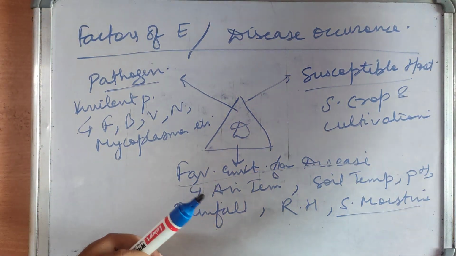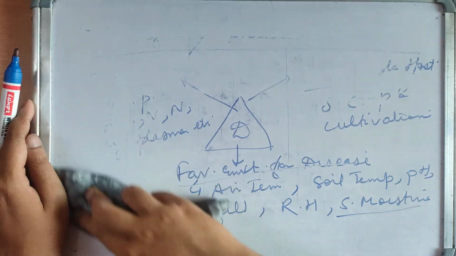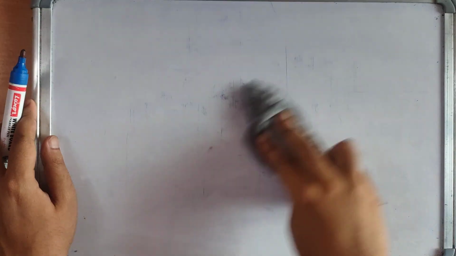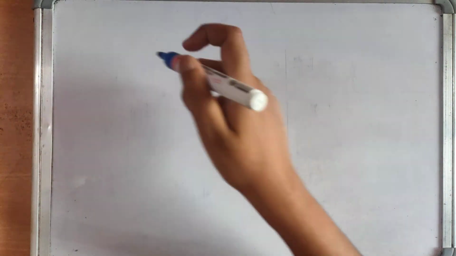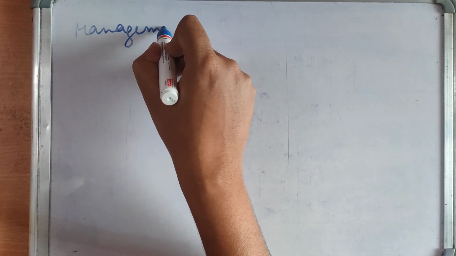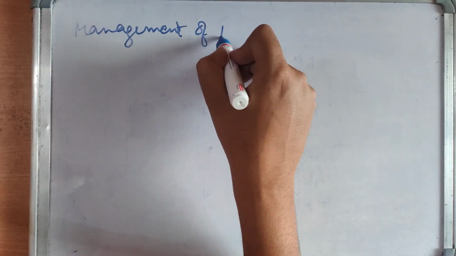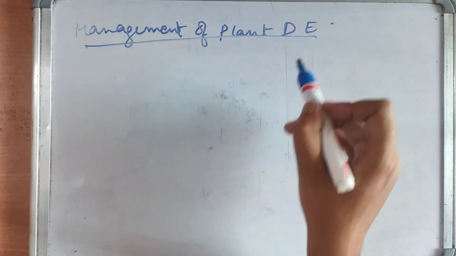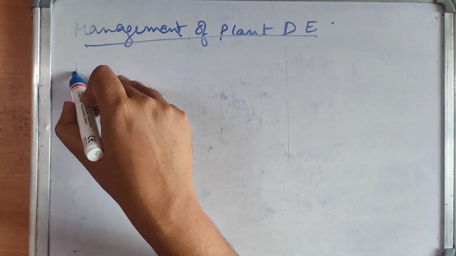So moving on, how can you manage plant disease epidemics? Management of plant disease epidemics. First of all is avoidance.